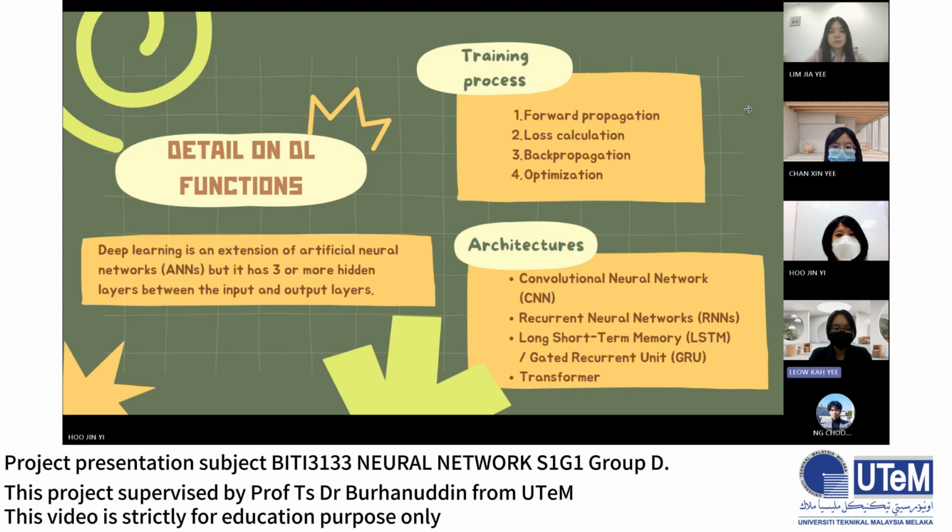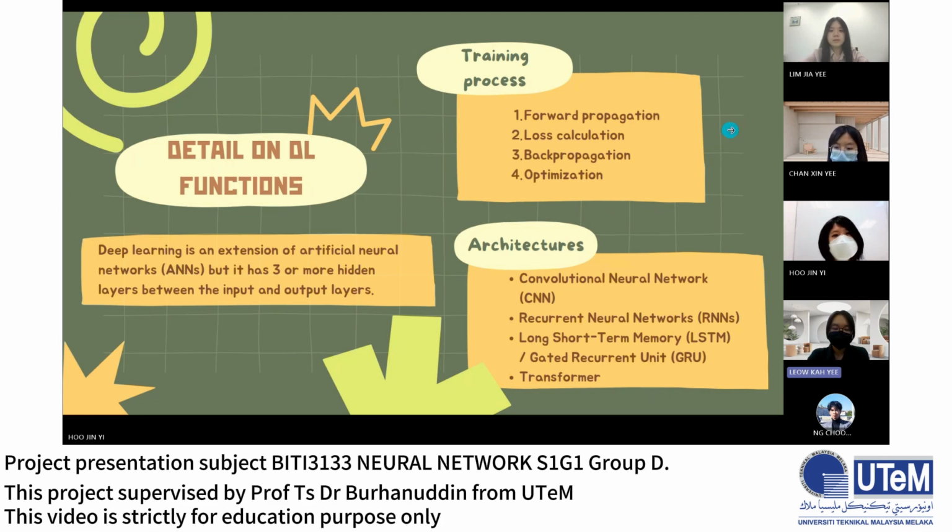For the details on their functions, deep learning is an extension of artificial neural networks, but it has three or more hidden layers between the input and output layers. The training process in deep learning has several steps that enable the neural network to learn from data. It begins with forward propagation, followed by loss calculation. After that is backpropagation, and the last is optimization.